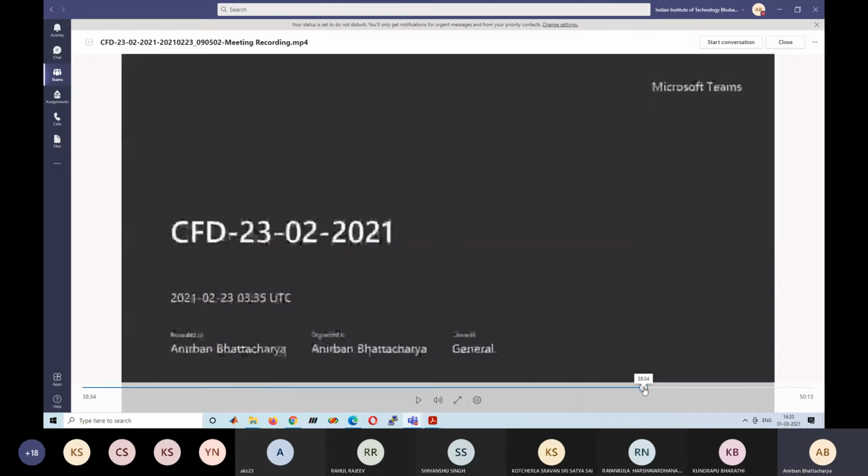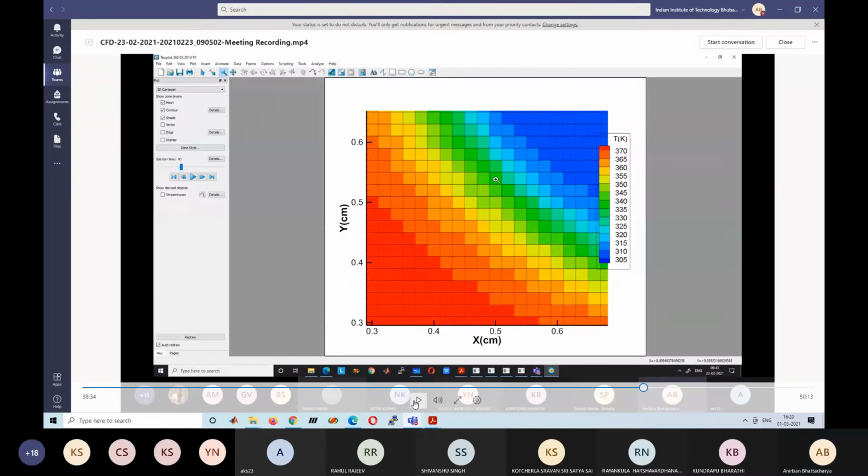Can you see what I am showing on the screen, or is it not visible to you? The plot, is it visible to you?